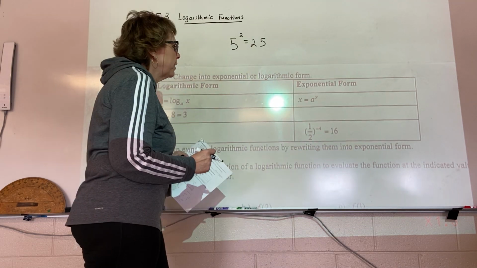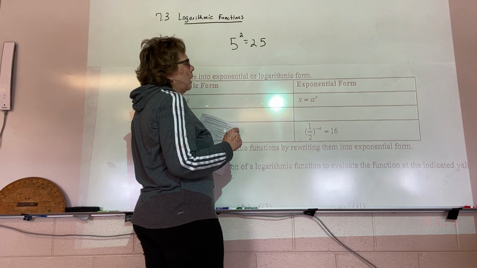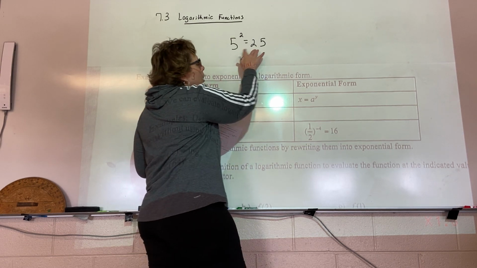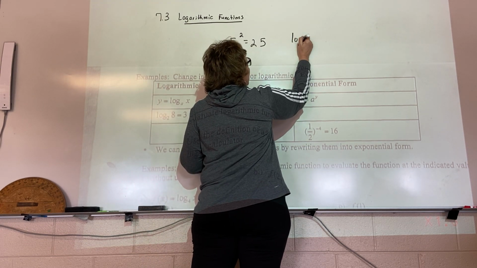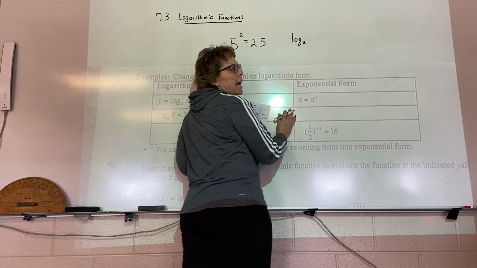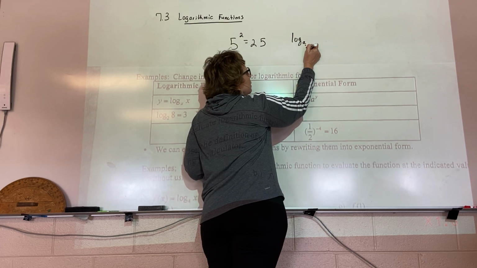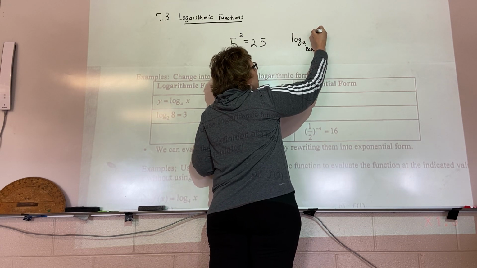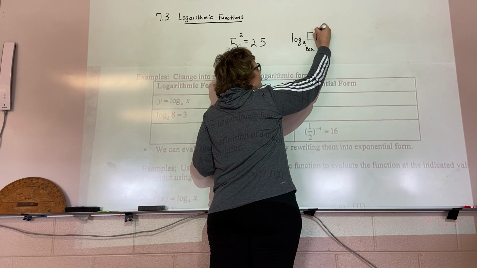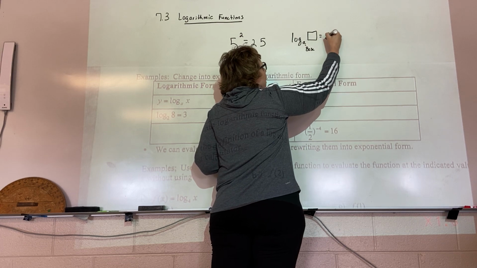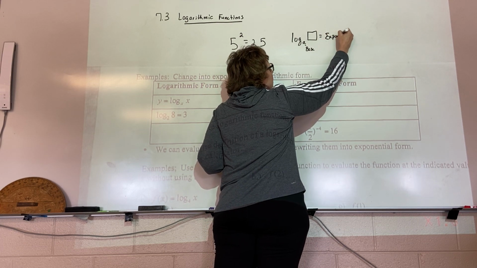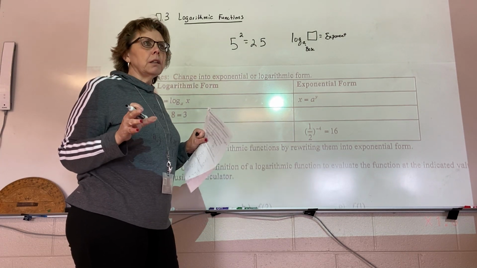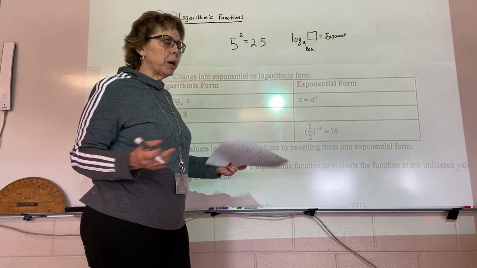Okay? And so when we think about taking an exponential equation and writing it like a logarithm, this is your basic form. Log, and then a is our base. What comes here is the number that we're taking the log of, and what we're finding is the log of something is equal to our exponent.